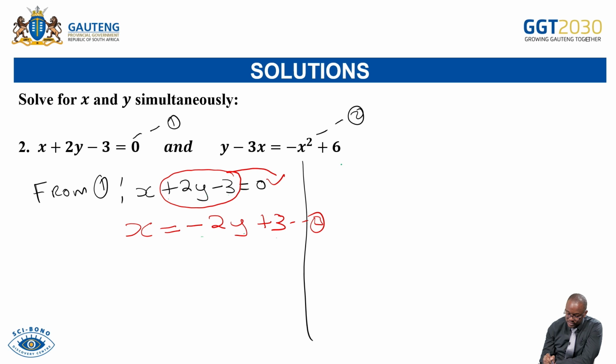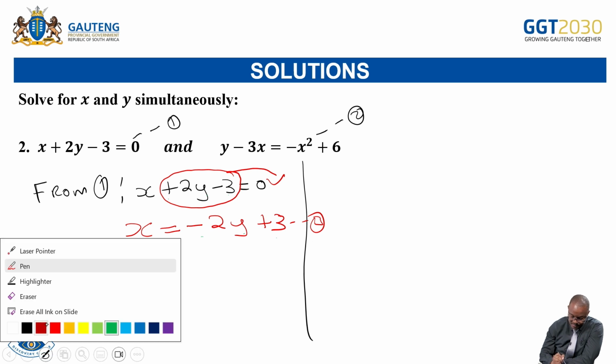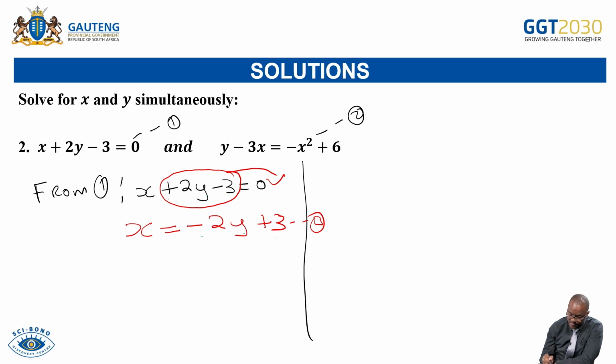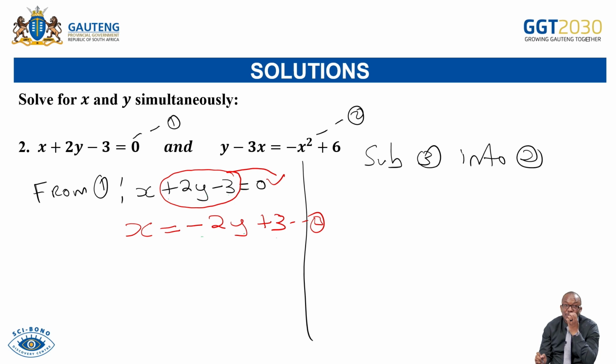Then what we do, we substitute equation 3 into equation 2. You must substitute equation 3 into equation 2. Remember, where we see x, we put minus 2y plus 3.